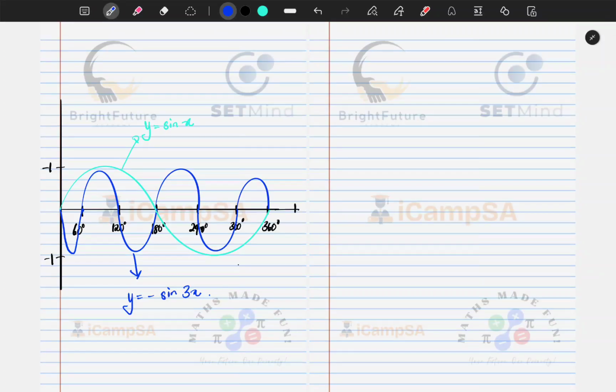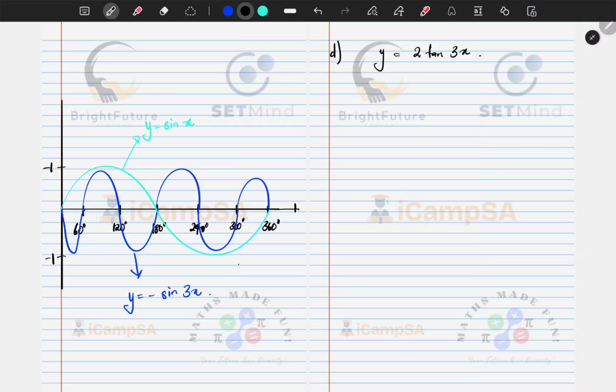Now let's look at the last graph, which is a graph of tan x. It's not usually complicated. Remember, the graph of tan x does not have an amplitude. It only has a period, and the period is 180. So we just need to find the period.